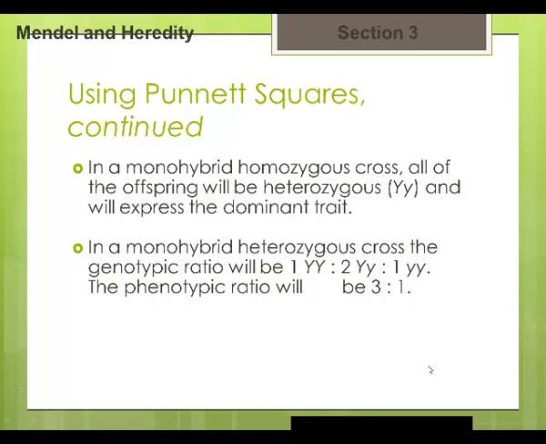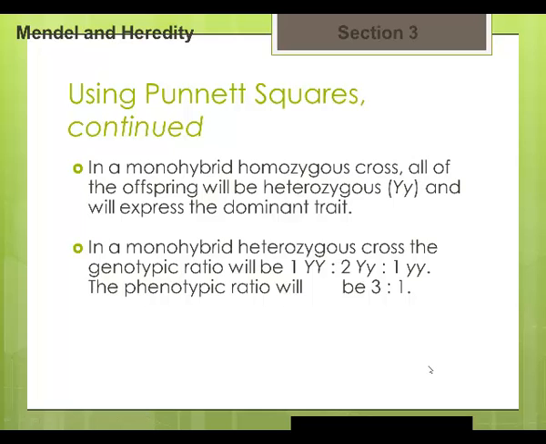So if we are making a homozygous cross, remember the term homo means the same. So a homozygous cross, we're going to have the same alleles. In this case, we end up with heterozygous offspring, and they will express the dominant trait. So in this case, they'll express that uppercase Y, which was yellow seed color, yellow pea color.